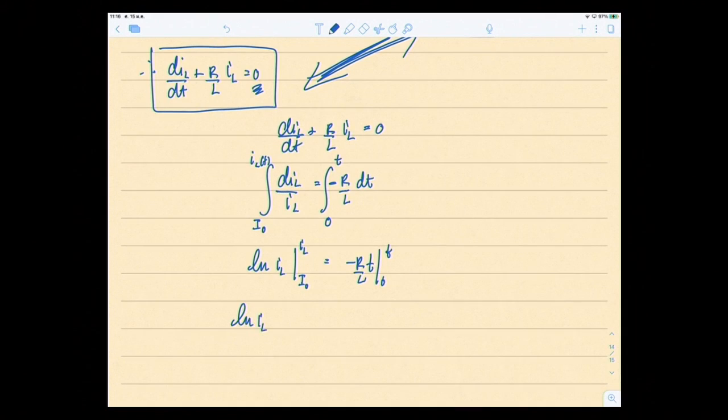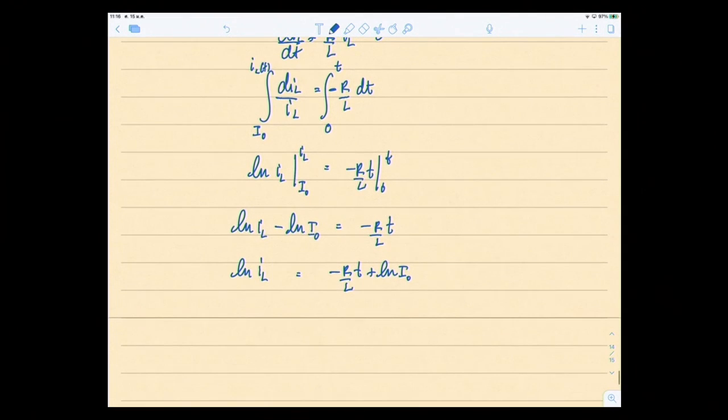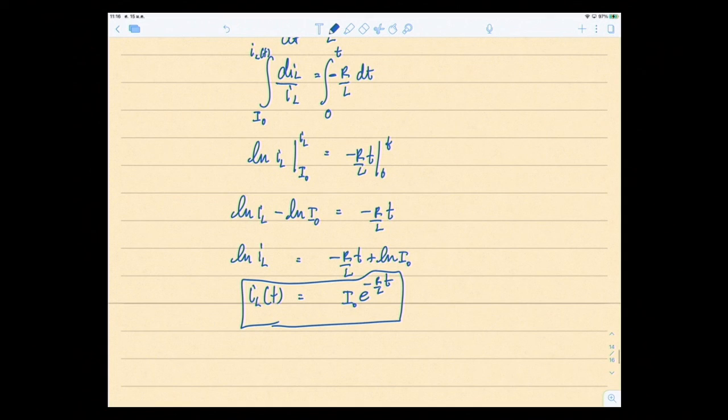So ln IL minus ln I naught equals minus R over L t. Then ln IL equals minus R over L t plus ln I naught. Taking the exponential across the equation, IL of t equals I naught e to the minus R over L t. This is your general solution for the RL source-free circuit.